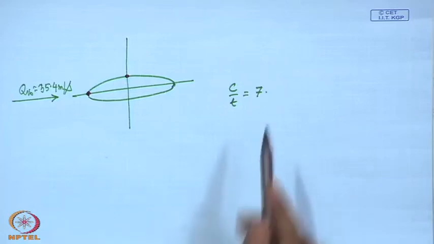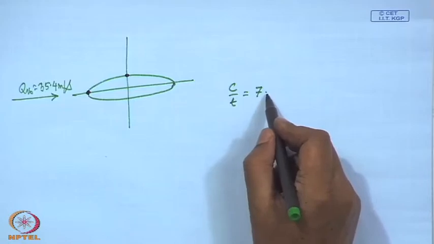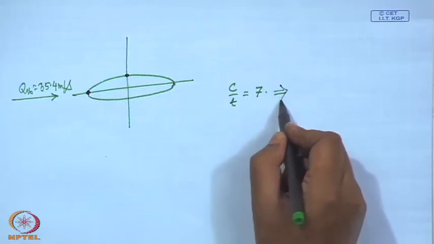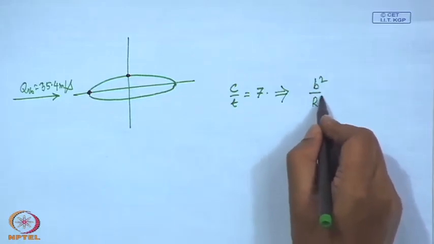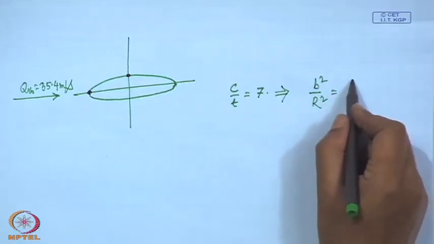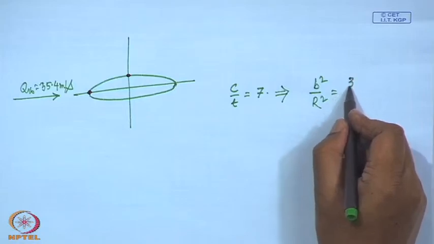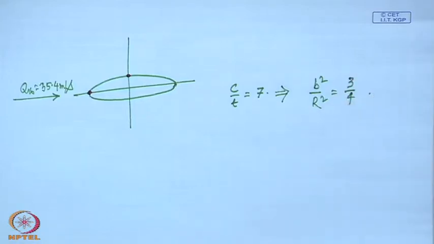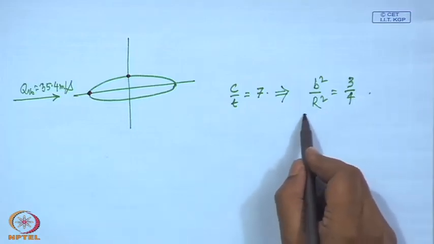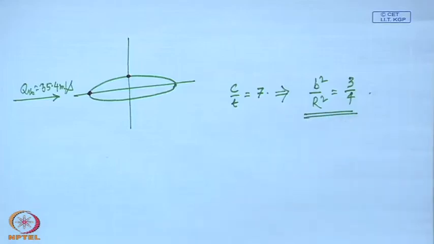As before, the way we have done earlier, this fineness ratio of 7 implies that b square by r square equal to 3/4.